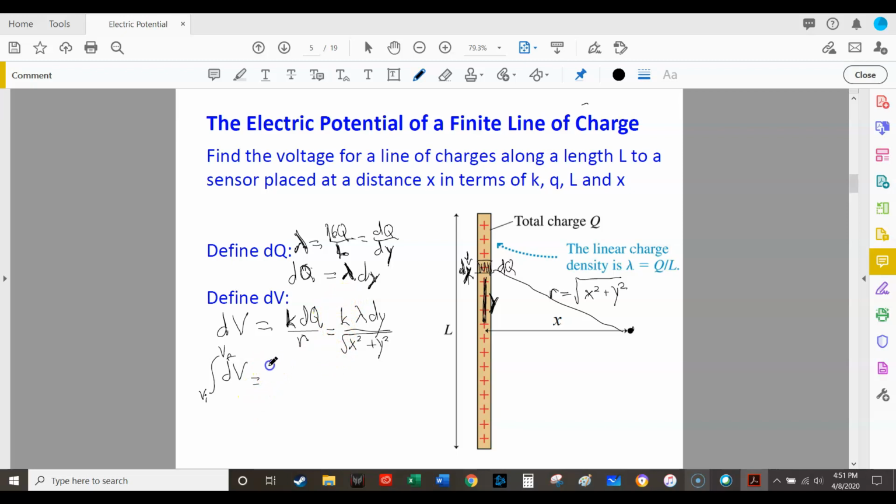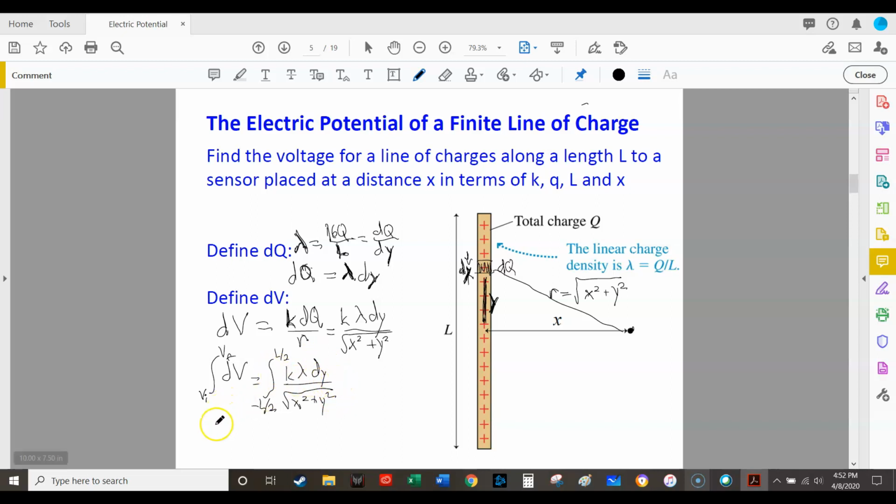We integrate from negative L over 2 to L over 2 of k lambda dy all over the square root of x squared plus y squared.